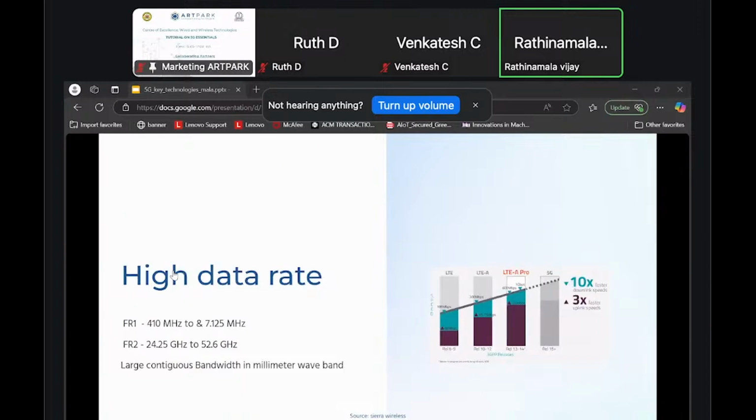So let us look at the high data rate requirement first. 5G is able to provide 10 times increased downlink rate compared to 4G, and 3 times increased uplink rate when compared to the previous generations.